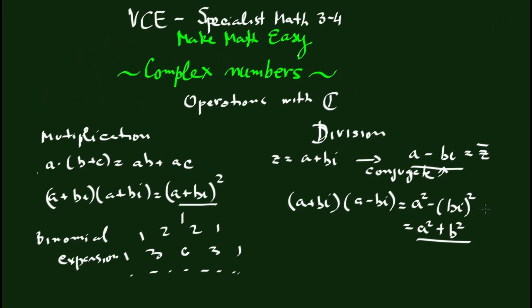So this is called the absolute value of z. It's like the square root of that. So we have that the modulus of z squared is a squared plus b squared.